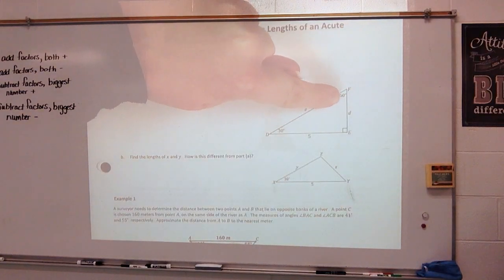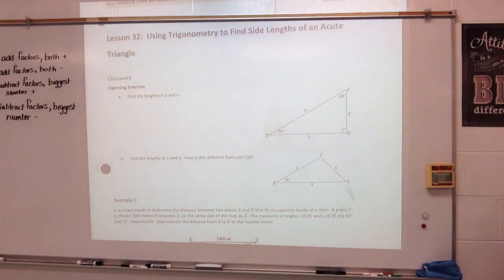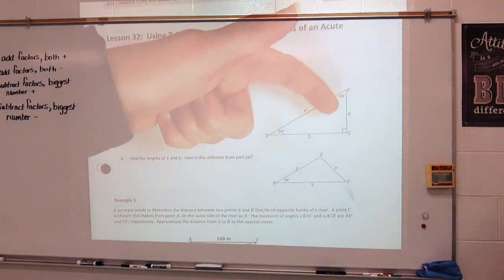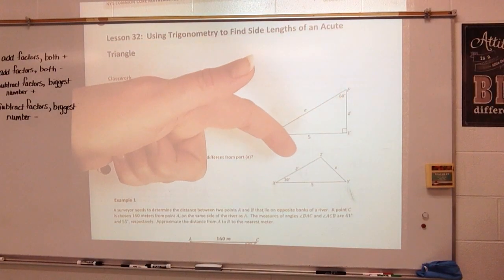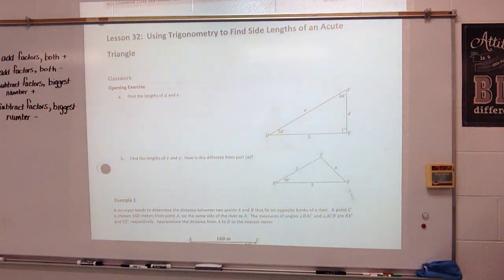Let's look at the sine of the angle of 60. Sine is opposite over hypotenuse. I have my opposite, so I can use this to find my hypotenuse.